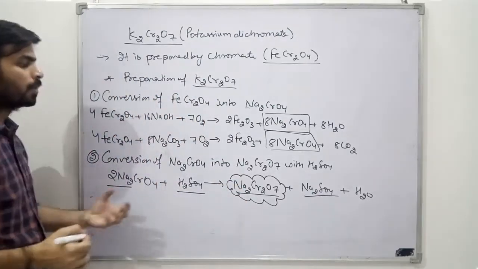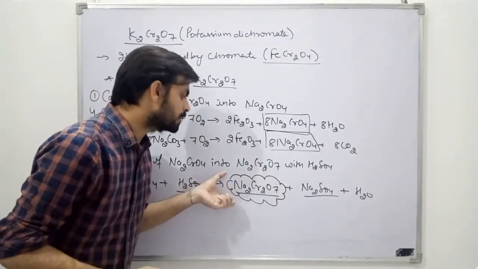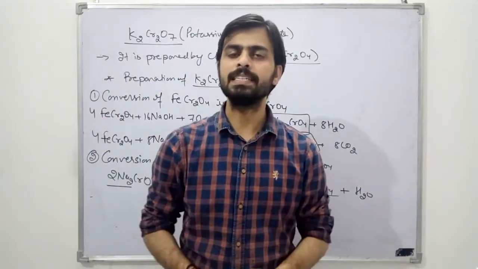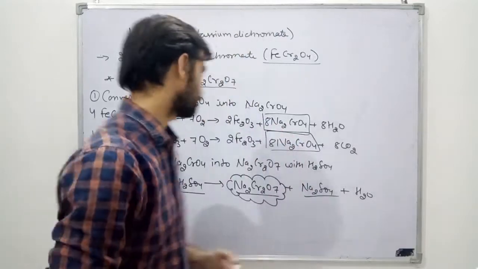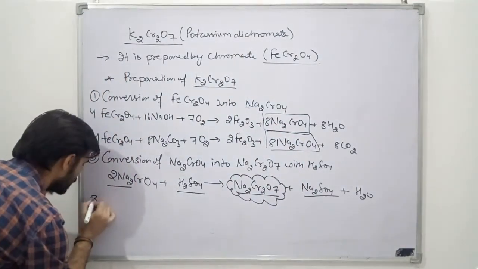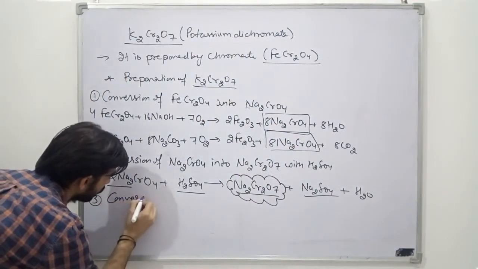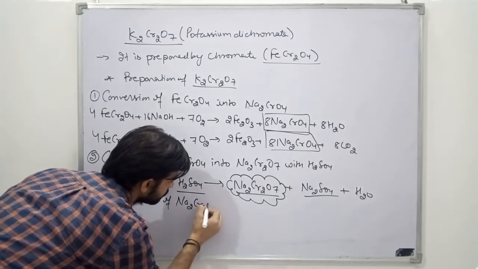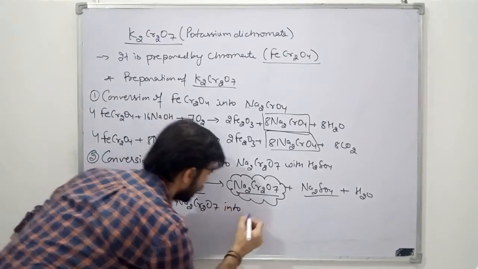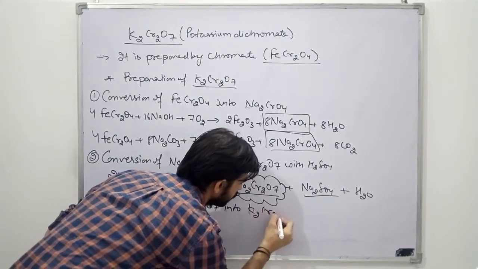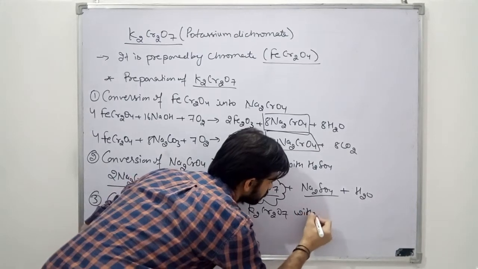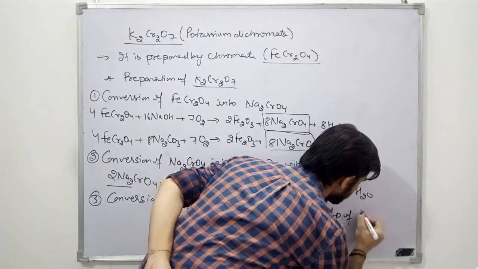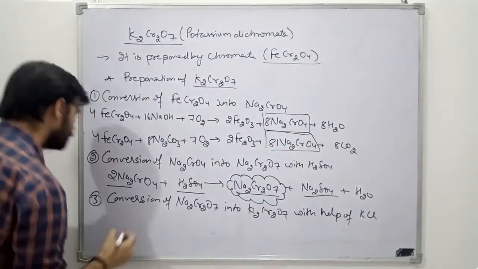Now in the third step, we have to convert the sodium dichromate into potassium dichromate with the help of KCl, that is potassium chloride. Now the next point is conversion of sodium dichromate into potassium dichromate with the help of KCl.